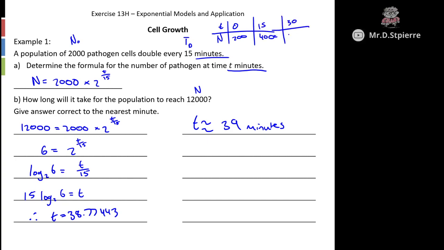After 30 minutes, we've got 8,000, and then after 45 minutes we're going to have 16,000. So that's doubling on doubling on doubling. So it only took 39 minutes to get up to 12,000, which was 6 times more than the original amount.